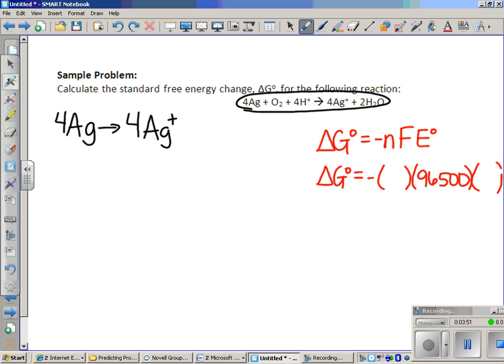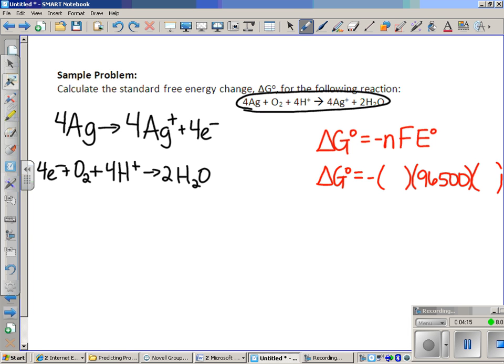They had canceled their electrons out. We know that originally in the half reaction there had to have been 4 electrons on that side to deal with that plus 4 from the silver. For the other one, it was O2 and 4 H pluses making 2 H2Os. Again, there must have been 4 electrons on this side to balance out that plus 4 coming from those hydrogens.